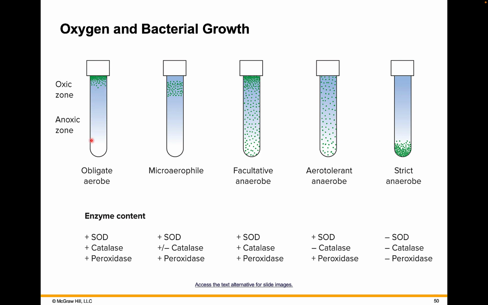So this is a typical test tube, a capped test tube, which contains a broth known as thioglycolate broth. Or they also have a solution of cysteine, which is the amino acid cysteine.